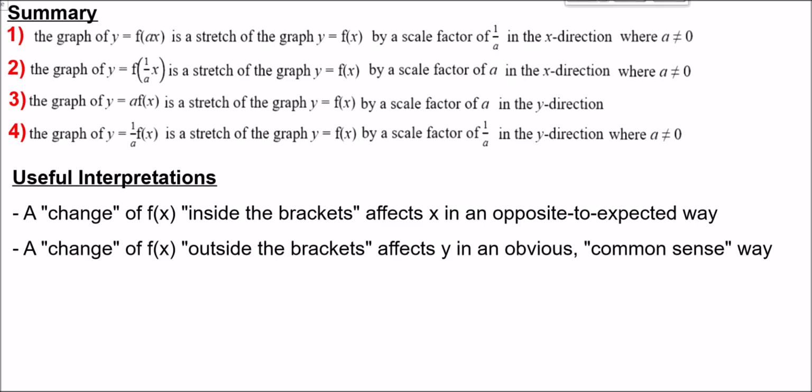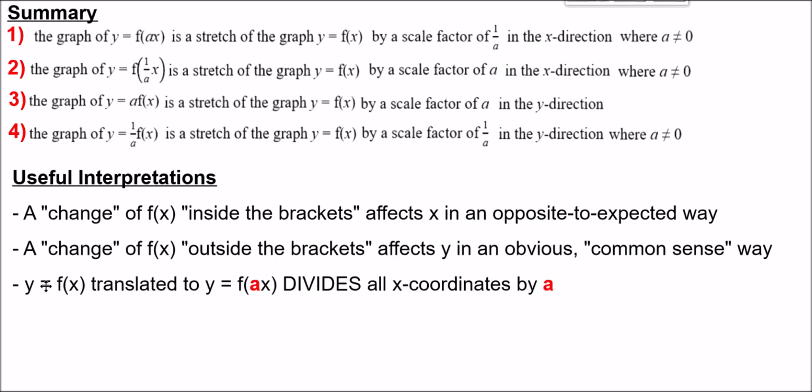So, to put this into the summary of what we're dealing with here in terms of stretches, if y equals f of x is translated to y equals f of ax, rather than multiplying the x coordinates, that a actually has the effect of dividing all x coordinates by factor a.